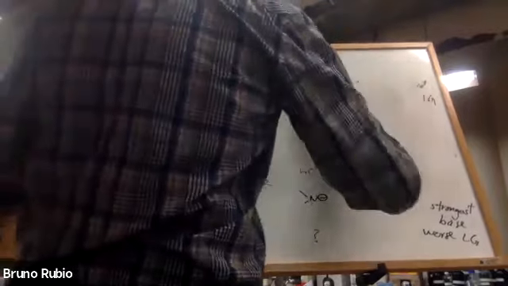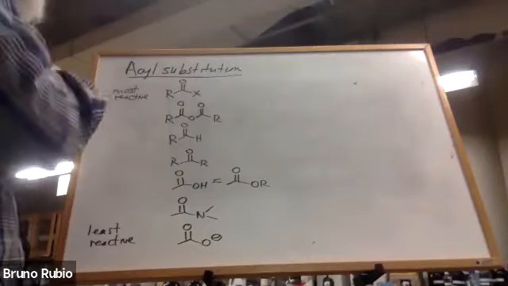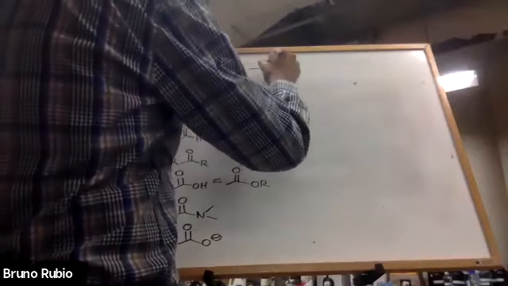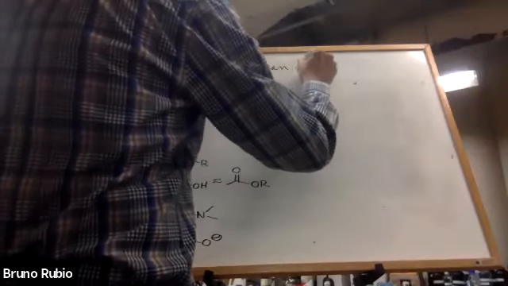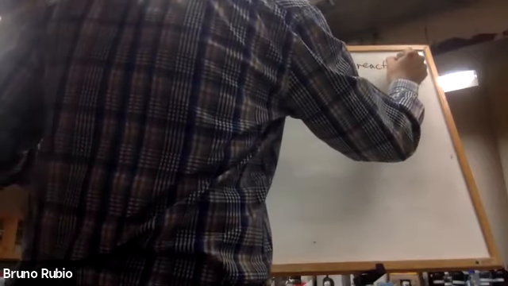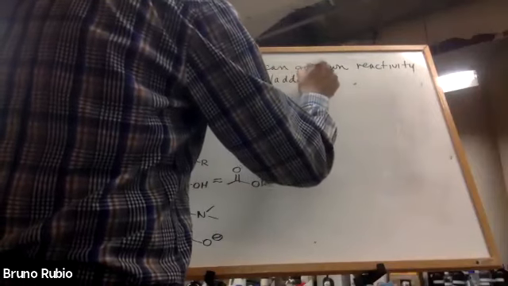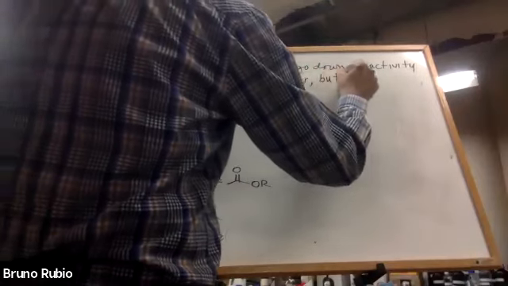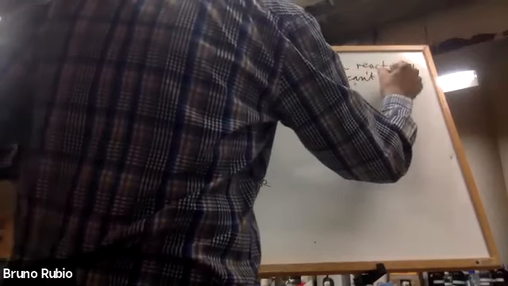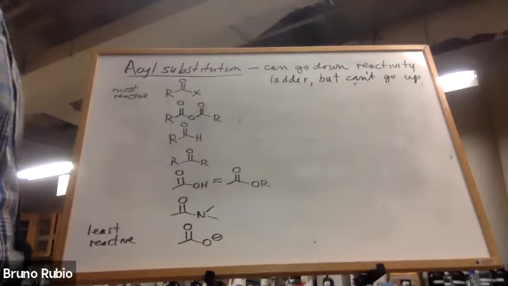Okay, so what is the upshot of all of this? Why am I talking about this? Because this order of reactivity is telling us you can go down the reactivity ladder, but can't go up the reactivity ladder.